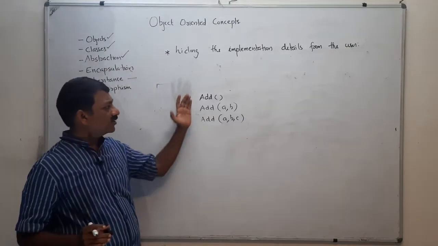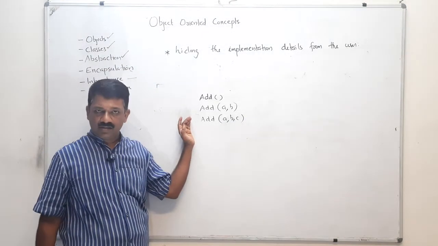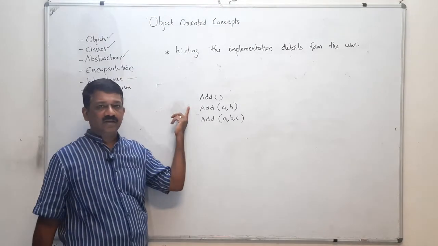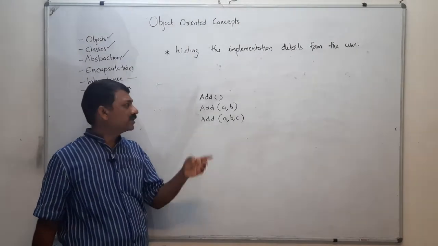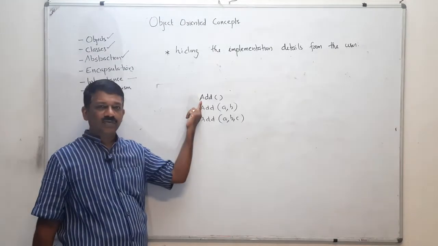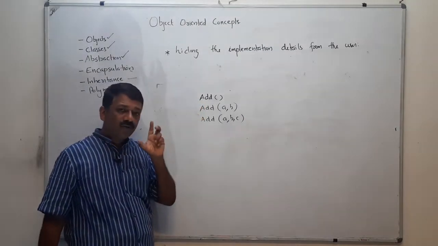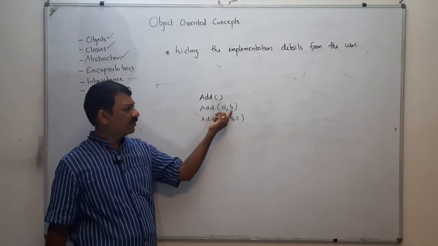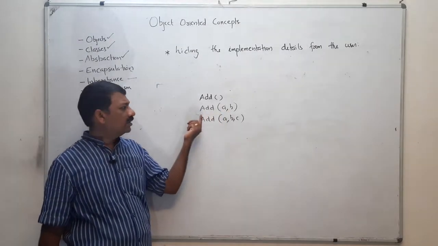These are the three functions defined in a class, and depending on the number of variables, if nothing is given, the first add will be executed. If you pass two parameters, it will add a and b.